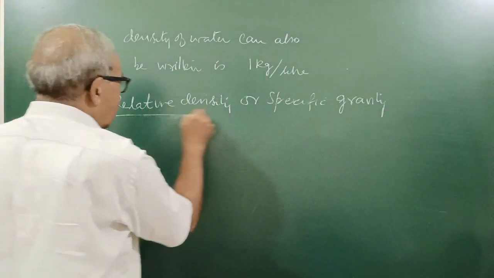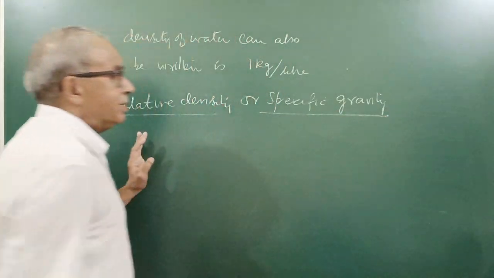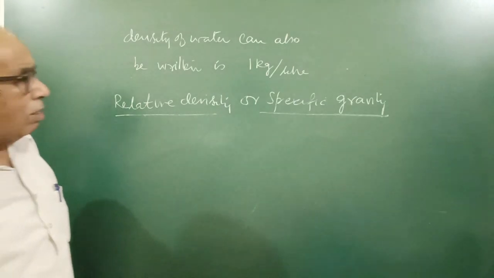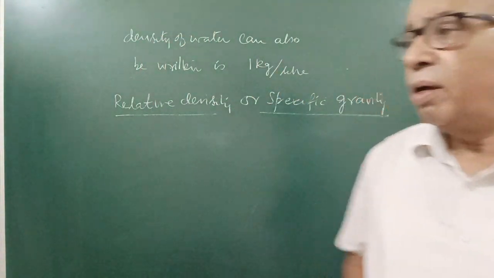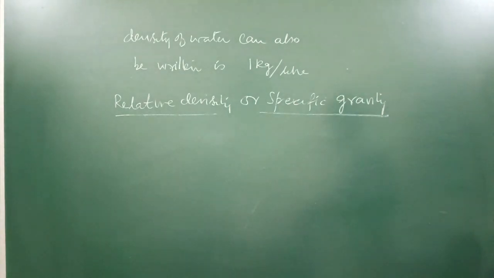The same thing, relative density or specific gravity, the same thing. Why I am telling, actually, students studying 12th class, when some of these things come there, they get confused.